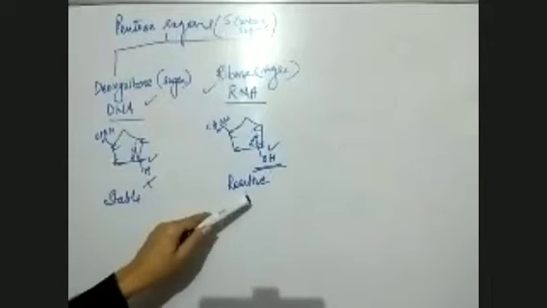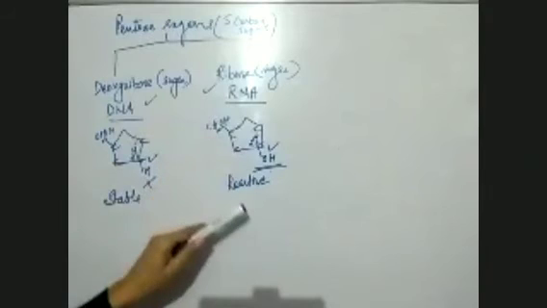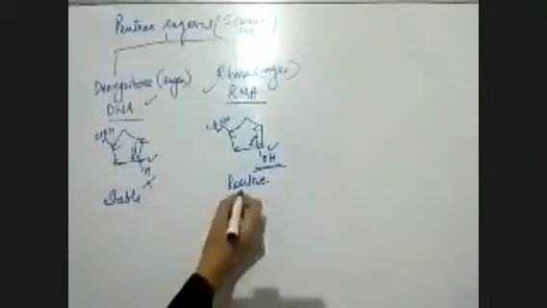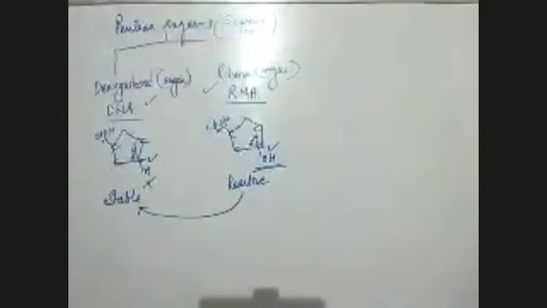That is why, when we ask whether DNA or RNA originated first, when we talk of origin, RNA came first. Why did RNA come first? Because it was reactive and unstable, it was formed first, and later on it became stable and got converted into a stable form, which is deoxyribose, or DNA.